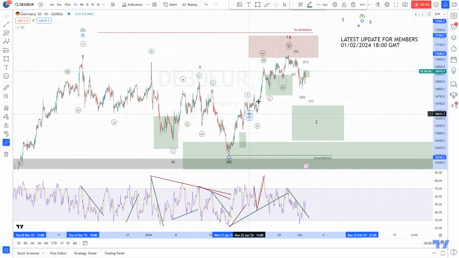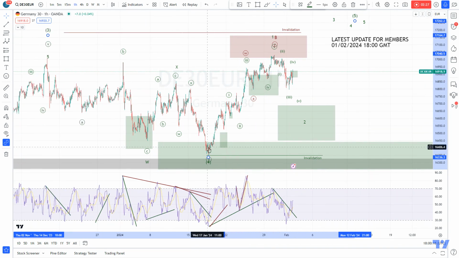So this could be the fifth wave, or this could be the wave 1 of the wave 5. Two possibilities here in the bullish scenario. But this is under the assumption that the structure we are seeing here is an impulse.